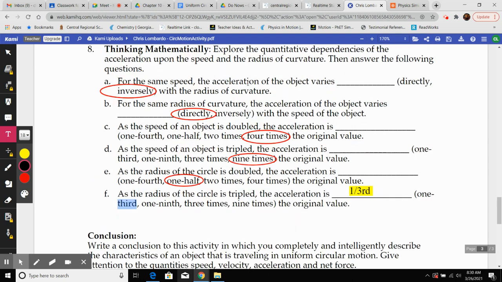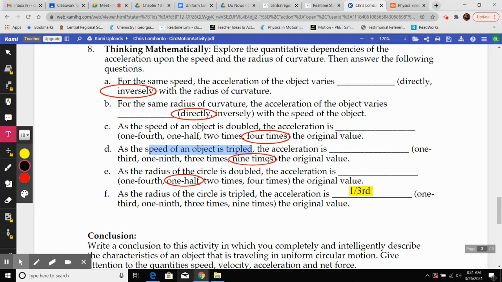When I doubled my speed, what happened to the acceleration? It went to 4 times. When I tripled my speed, what happened to the acceleration? 9 times.